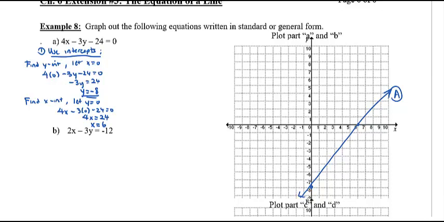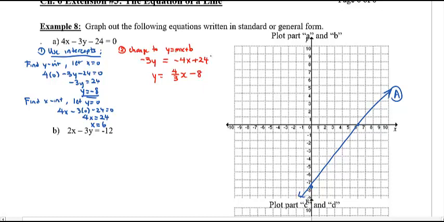Now, if you didn't like this method, you can change this to, probably not point-slope form, that's hard, but I would change this to slope-intercept form. If I asked you to do that, all you need to do is isolate the y value. So, if I keep the y term on the left side and move everything else to the right side, and then finally divide everything by negative 3, negative 4 divided by negative 3 is just 4/3. 24 divided by negative 3 is 8.